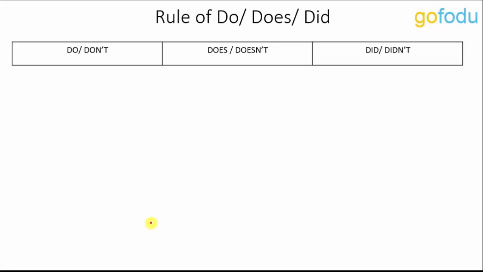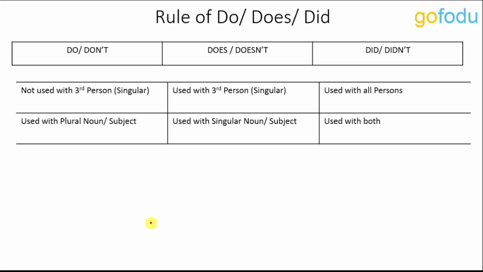Alright, how are they used? First, they are used depending on the person for which they are used. I hope we are clear about the persons, that what exactly is first person, second person, third person. In case we still have doubts, please go through our video regarding the sentence structure. Now let's see what exactly is person.